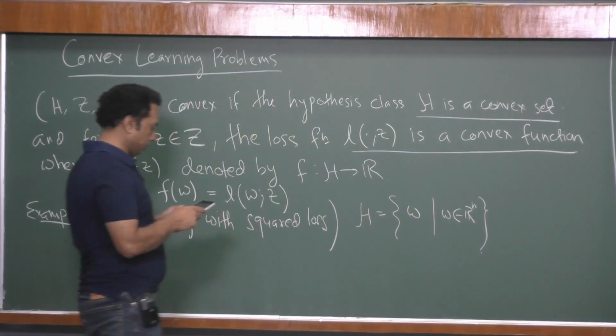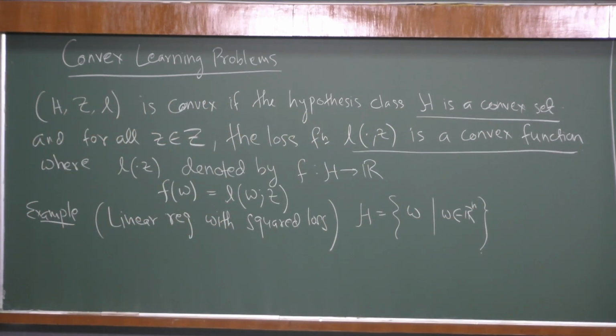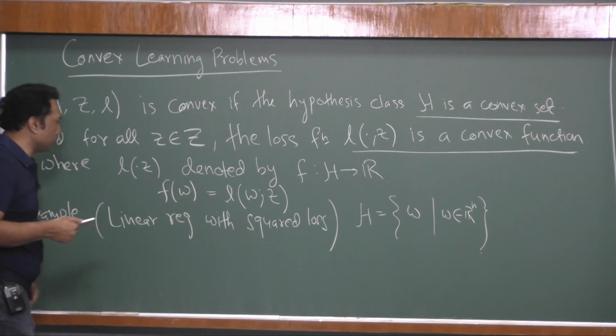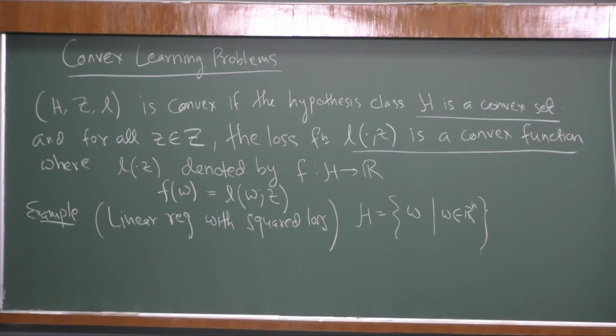So the set of all W is indeed a convex set, and then the squared loss function, with the loss defined as Wx minus y for the linear regression problem, is a linear function, so it's convex, and even the square of that is convex. So overall, we proved in the last class that it's a convex learning problem.